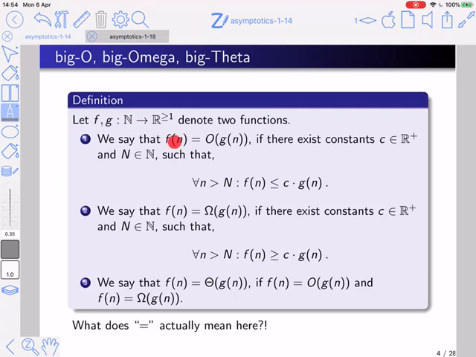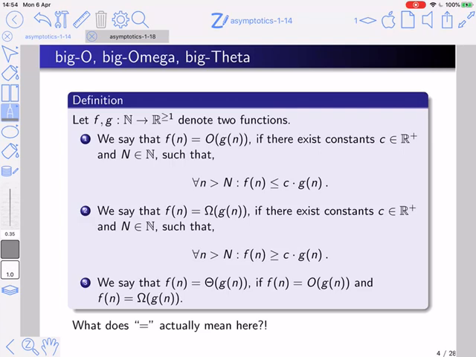So f of n is big O of g of n if f of n is less than or equal to c times g of n for some positive constant and sufficiently large values of n, and f of n is big omega of g of n if f of n is greater than or equal to c times g of n for some positive constant c for sufficiently large values of n. We say that f of n is big theta of g of n if f of n is both big O of g of n and big omega of g of n.